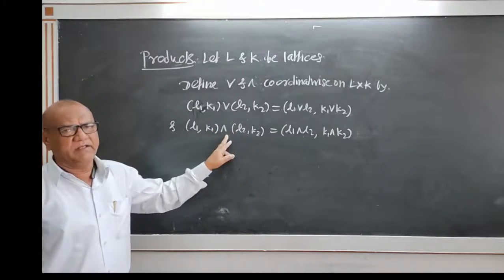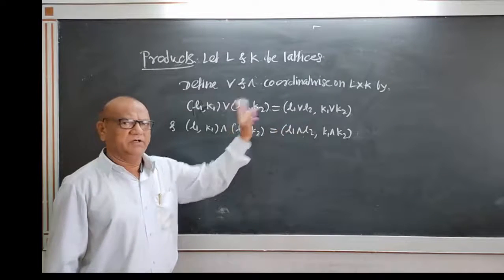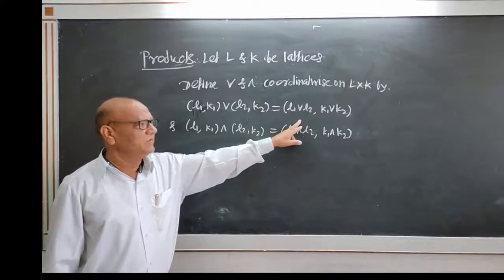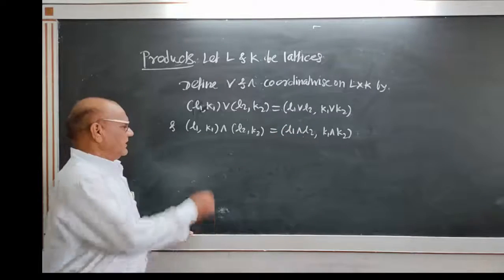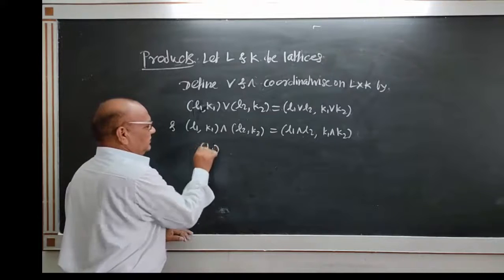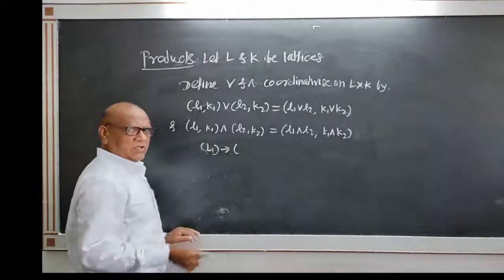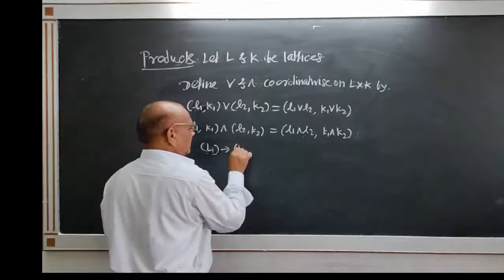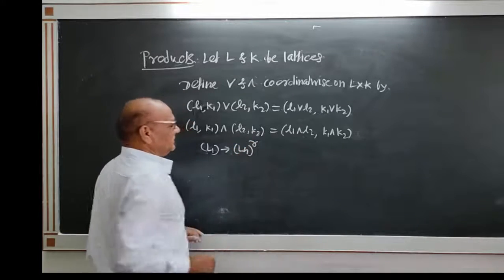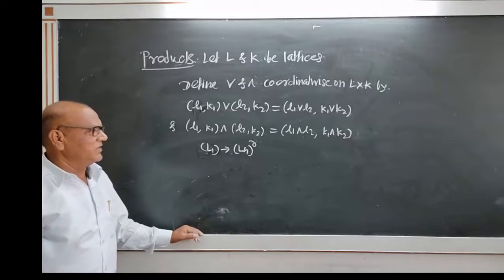Join and meet are defined coordinatewise, componentwise. Okay? Here L1, L2, L3, L4 and the duals, that means L1 dual, L2 dual, L3 dual, L4 dual.